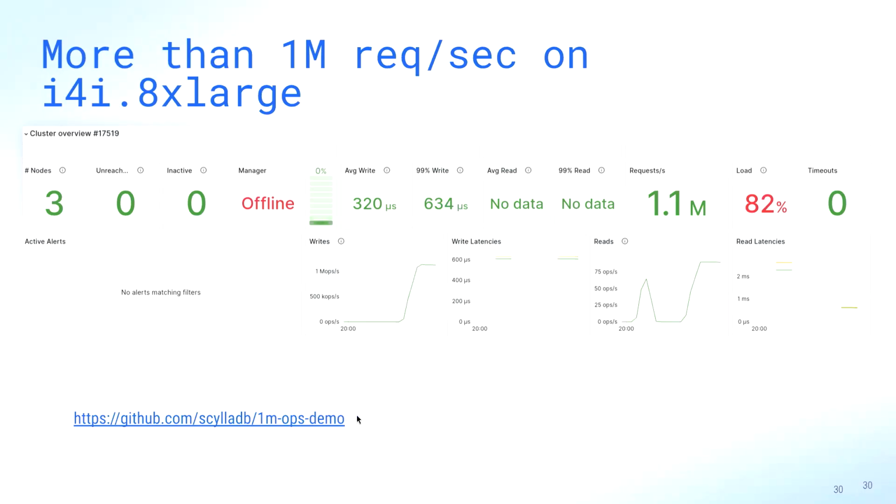What we're seeing here is the monitoring dashboard, and we're simulating a workload running more than 1 million requests per second. You can see that here, with read and write latencies that are below 1 millisecond. Okay, so this is very fast, and you can play around with it. You can change the workload to be more similar to your use case.